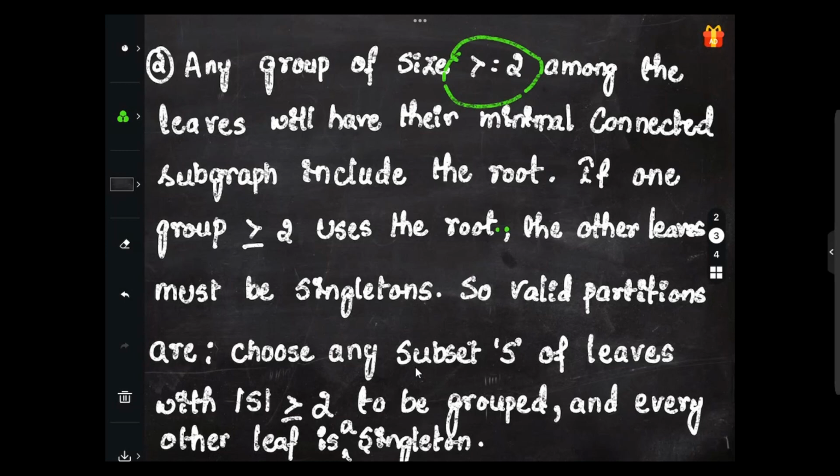So the valid partitions are these: we have to choose any subset S of the leaves with size of S greater than or equal to 2, meaning this has to be positive always, to be grouped, and every other leaf is a singleton. Just keep this in mind.